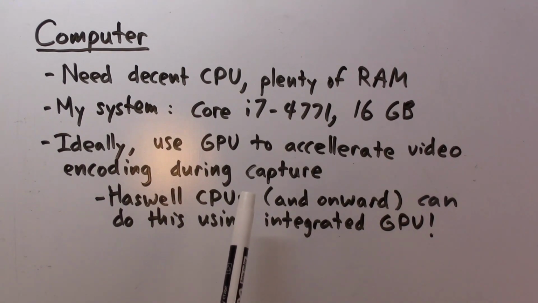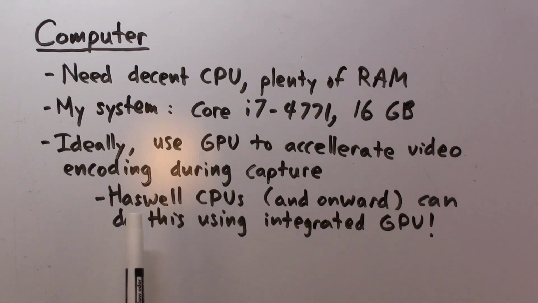If this is done in software, it will really bog down your system during capture, and you might even get poor video quality as a result. The good news is that, at least on the Intel end, the Haswell CPUs and later can do this accelerated encoding using the integrated GPU, and when I talk about OBS Studio, I'll show you my setup for doing that.